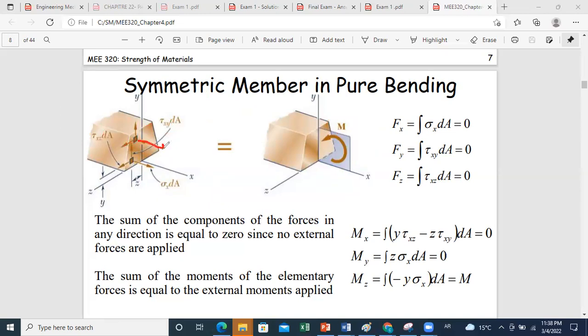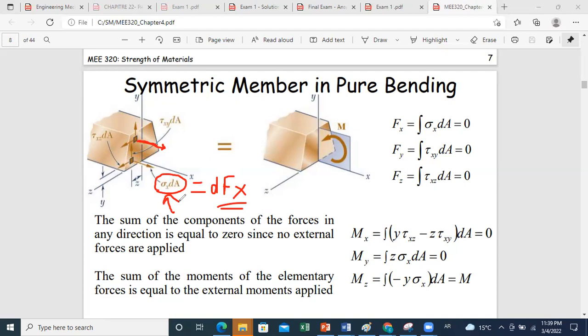Because the only force among the forces resulting from internal stresses, which are the shear stress and normal stress, that is along X is sigma x dA. So this is the elementary force dFx. So if you want to find in a certain problem the source of Fx, the source of Fx will be the normal stress along X.